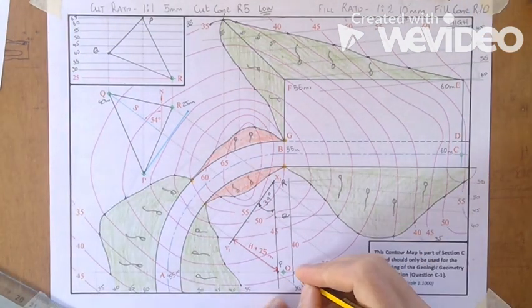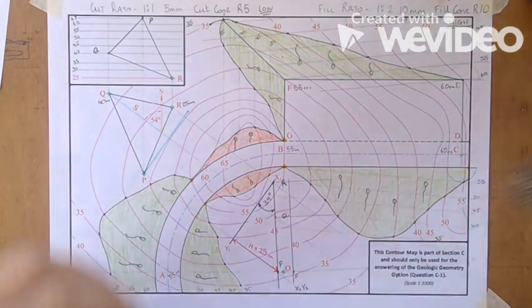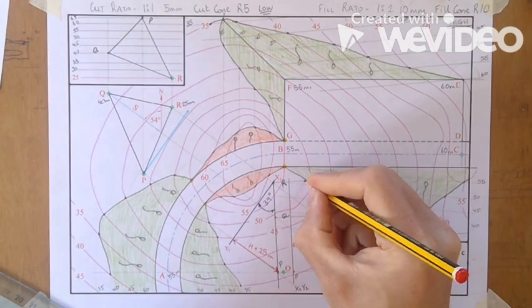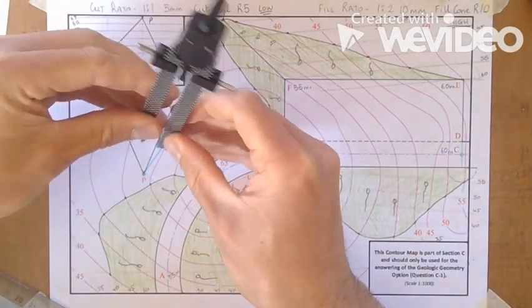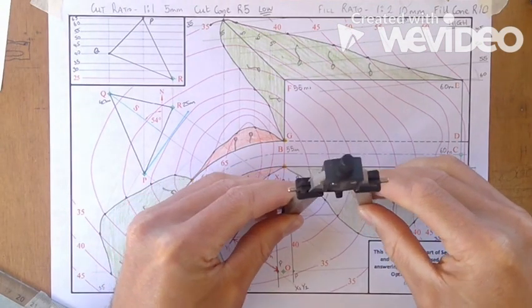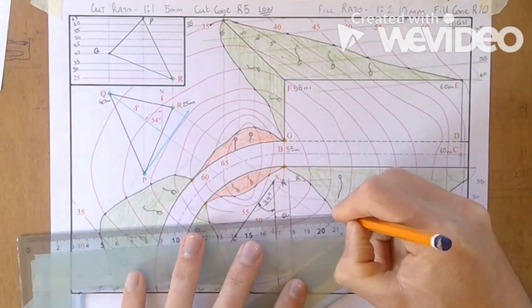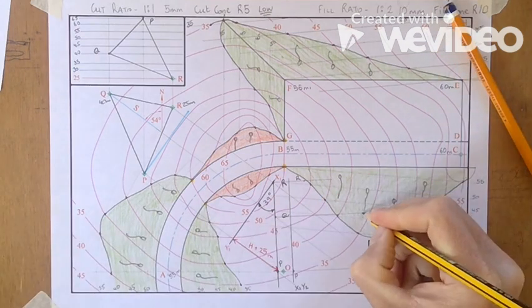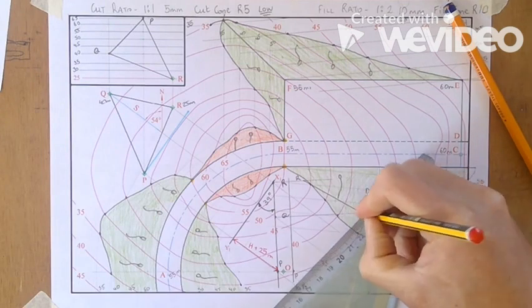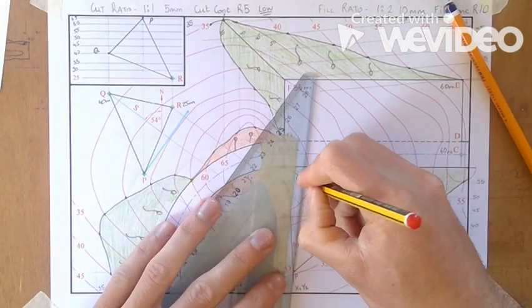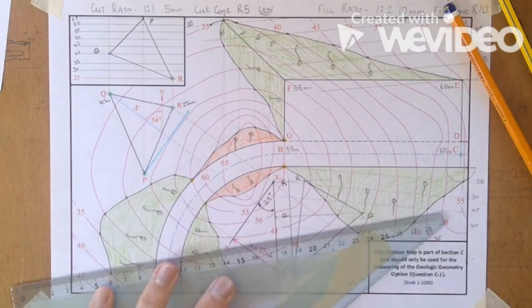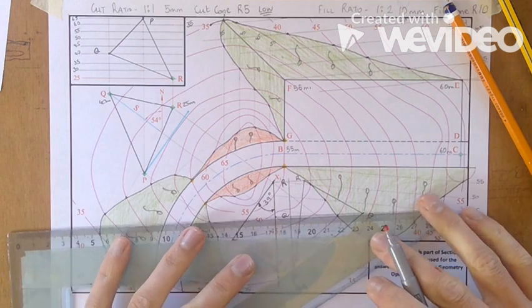So here's point P. And then we're going to measure up the height of Q and R. Join up your 3 points, and then there's your strike line there.